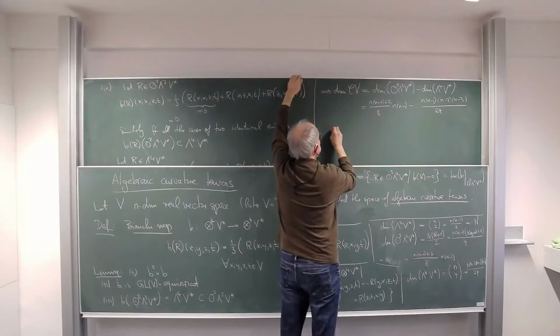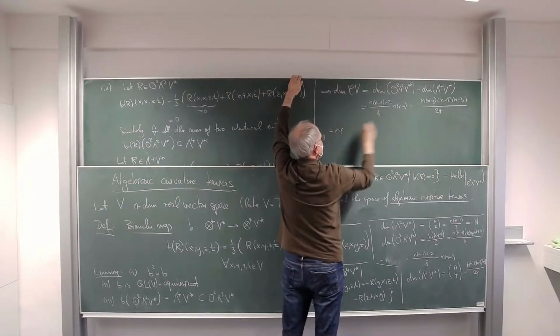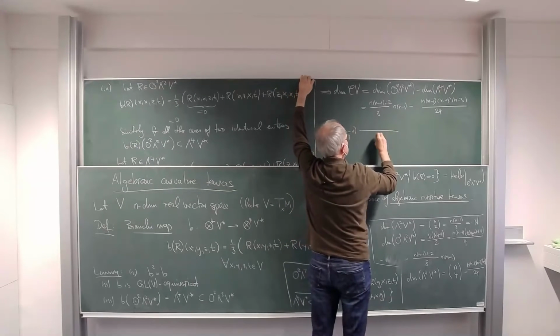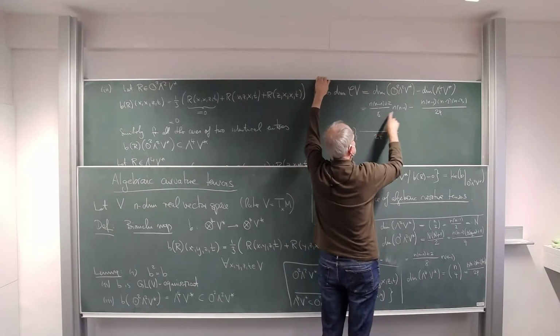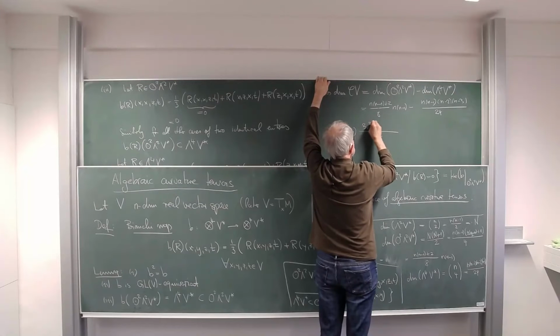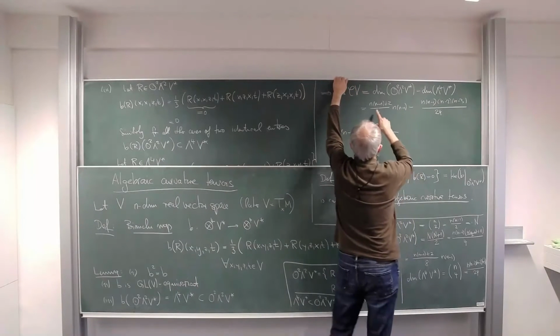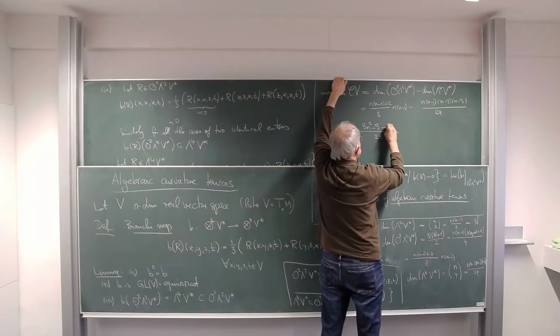So what do we get? Well, we have an n minus 1 here and also there. And then I need a 24 in the denominator, so I multiply this by 3. Then I get 3n squared minus 3n, and plus 2 times 3 is 6.